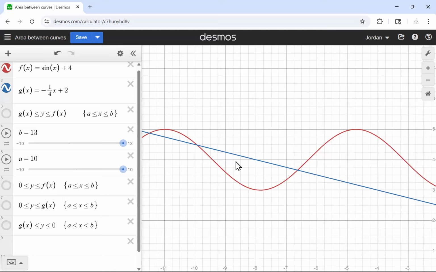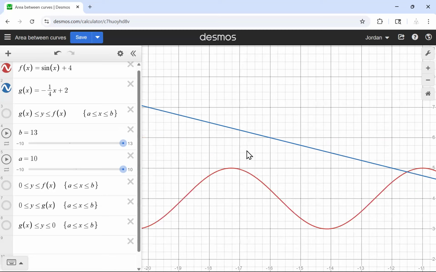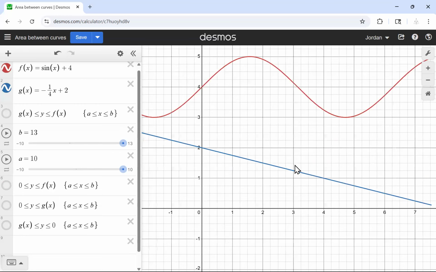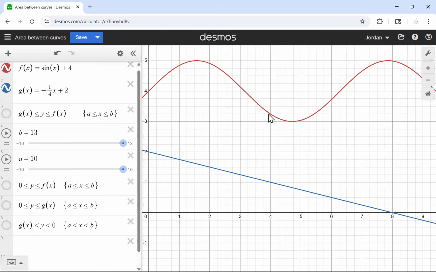So in this little section, we'd want to take the blue g of x minus the red f of x if I'm looking for a positive area. The same thing over here. To get a positive number, I'd take g of x minus f of x, and then the signed area is what we get when we integrate. So I just take the top one minus the bottom one, and then I integrate from a to b, from my bounds.